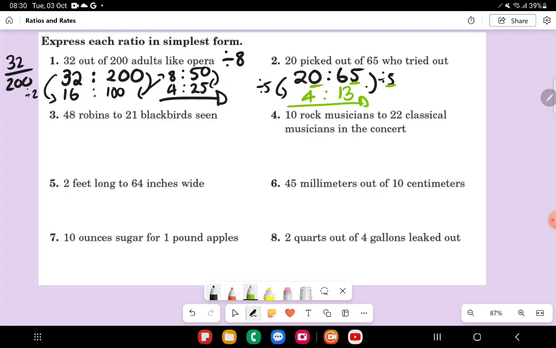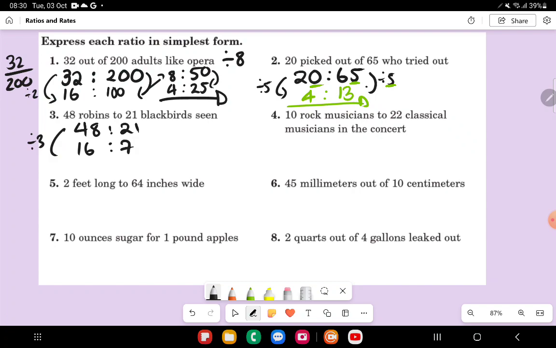Next up, let's do 48 to 21. 48 divided by, that won't work. So let's divide by 3. 48 divided by 3 would work, yes. So we're going to say divide by 3. That gives me 16 to 7 if I'm not mistaken.